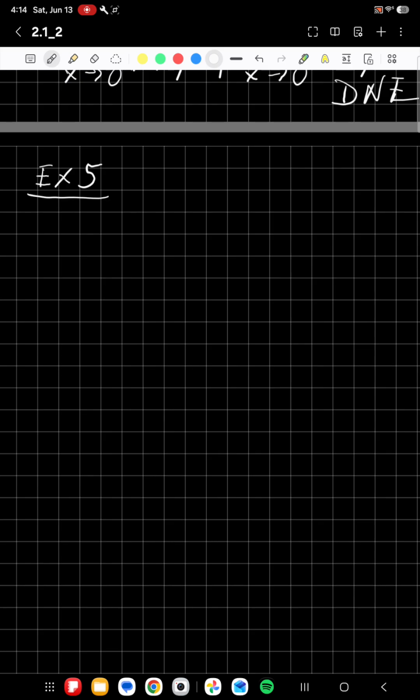We need to figure out this limit with x approaching 0 of a function like this, 1 over x squared. Again, we could try to do it analytically, but you can see that it's not really possible, because if I plug in that 0, I get 1 over 0, something undefined. We could graph it though. So let's graph it.